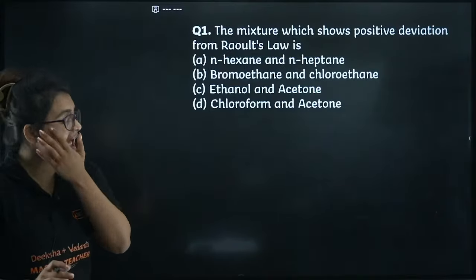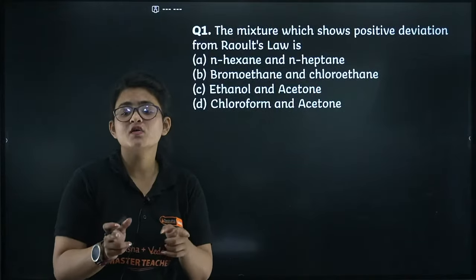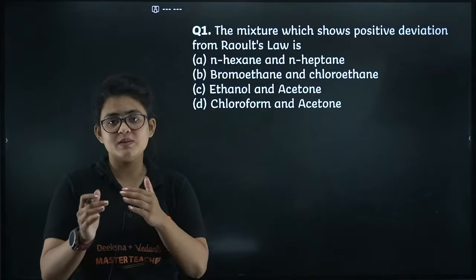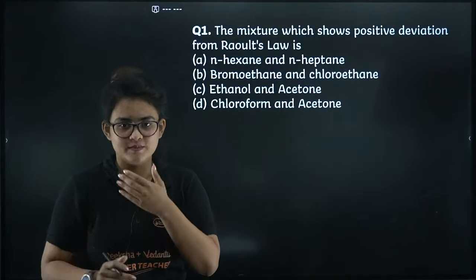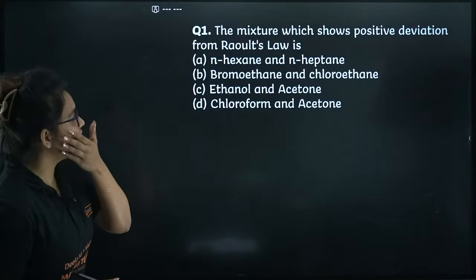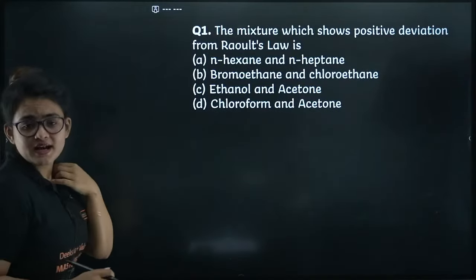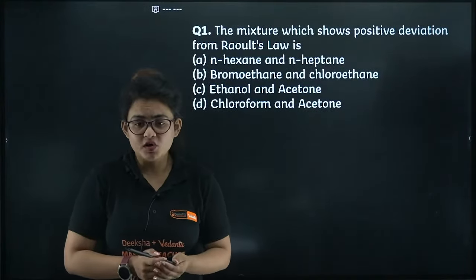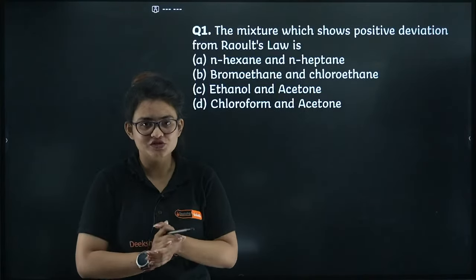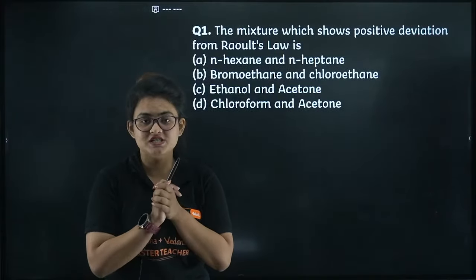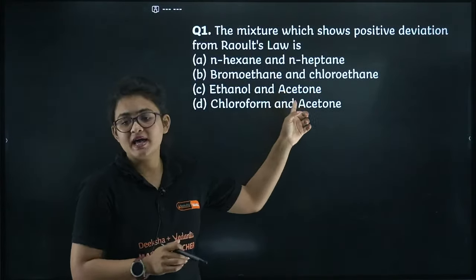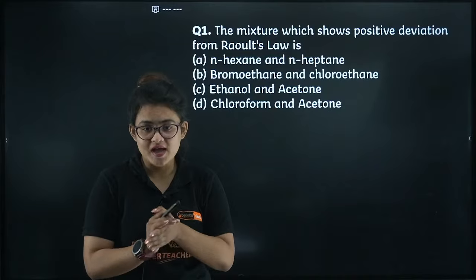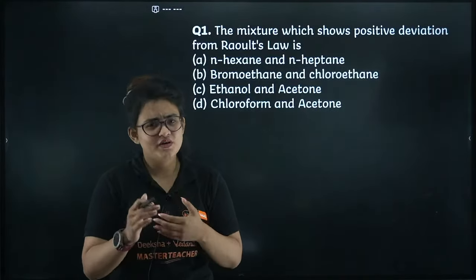Next you can see bromoethane and chloroethane. Again they are similar compounds, so similar interaction after mixing as well. Next, ethanol and acetone. Ethanol itself has very nice intermolecular hydrogen bonding, so A-A interaction is very strong. Acetone is a polar molecule, so acetone-acetone interaction is also very strong.